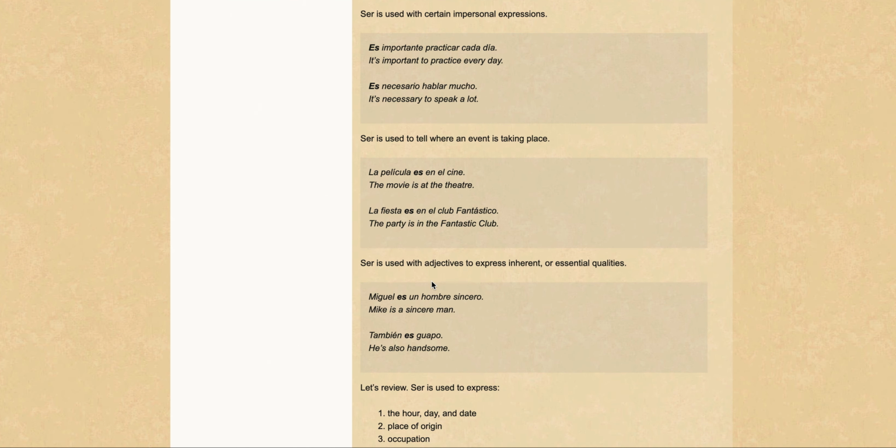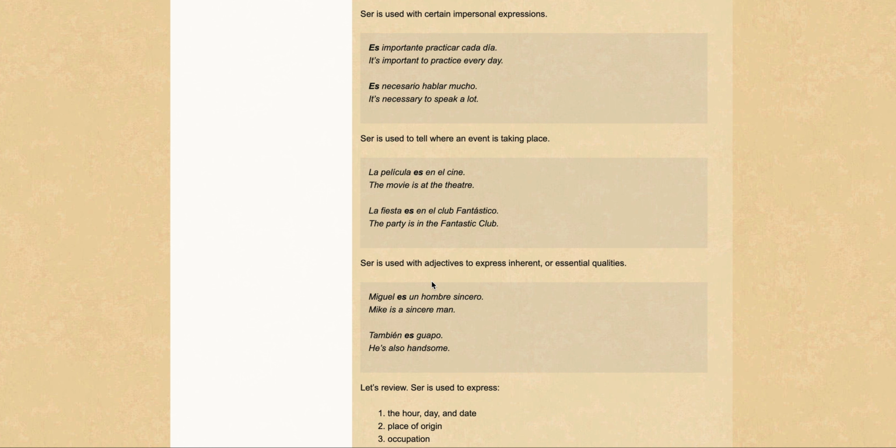And it's used to tell where an event is taking place. So, la película es en el cine. The movie is at the theater. La fiesta es en el club fantástico. The party is in the fantastic club.